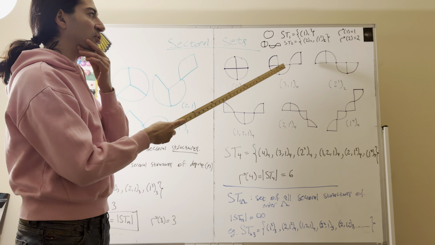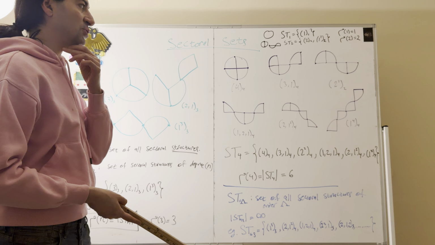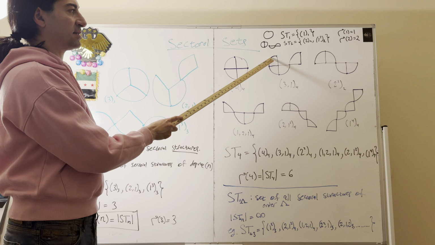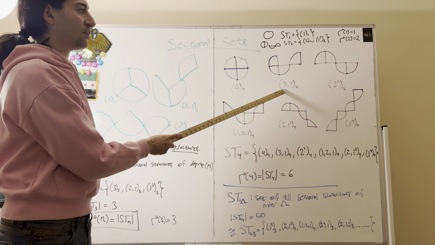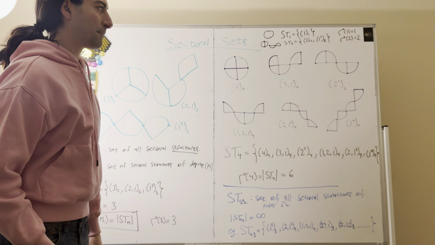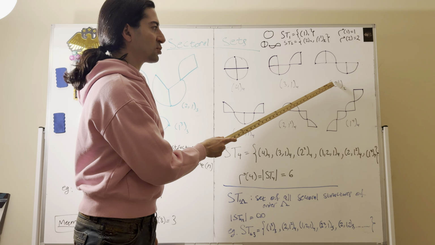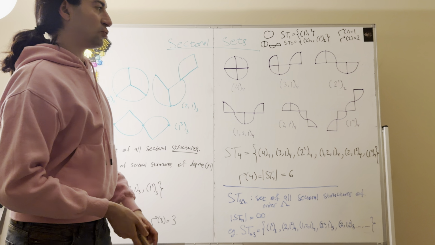Let's look at the order 2 structures. We have 3, 1 subscript 4, which has this shape. And then we have 2 squared subscript 4. So these are our second order structures.